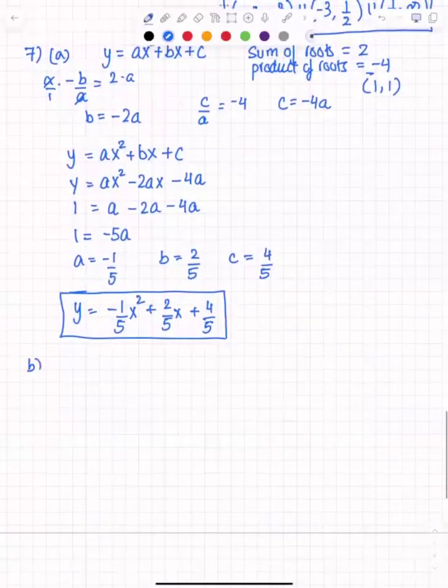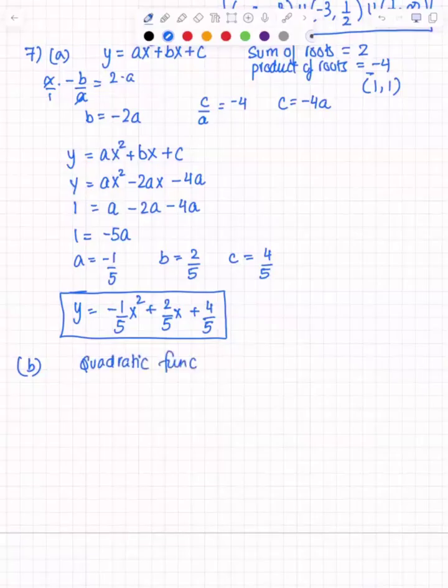Okay, let's do b. Find a quadratic function that passes through the points 2, 0, 6, 0, and 0, -2, and express it in standard form.